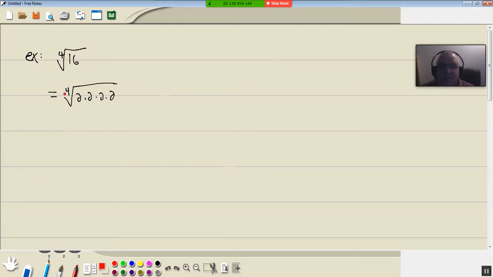Now our index is the number that's in the slot right here. And that's how many we're looking for. So since there's a 4 there, that means we're looking for a set of 4 of something. Here's 4 2s, so those 4 2s are going to come out in front as a single 2. And since there's nothing left inside, the radical disappears.